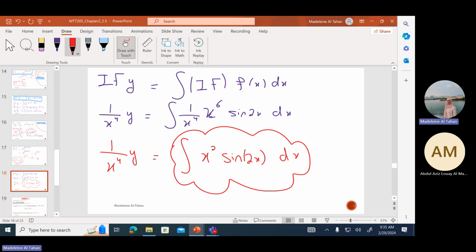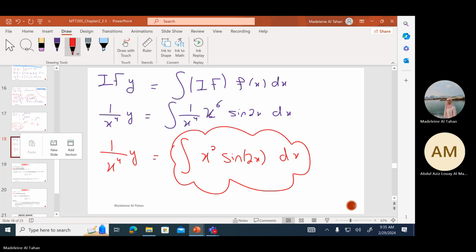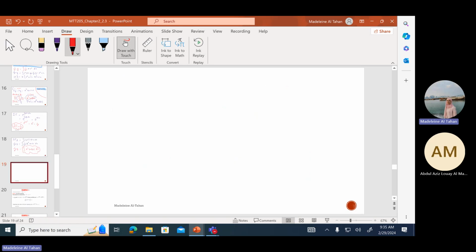Polynomial and exponential or sine and cosine, the table. Yes, it's this one. No, this is the table of integration. Can you let me see the table of integration, the one that we did? So again, our aim is to integrate.